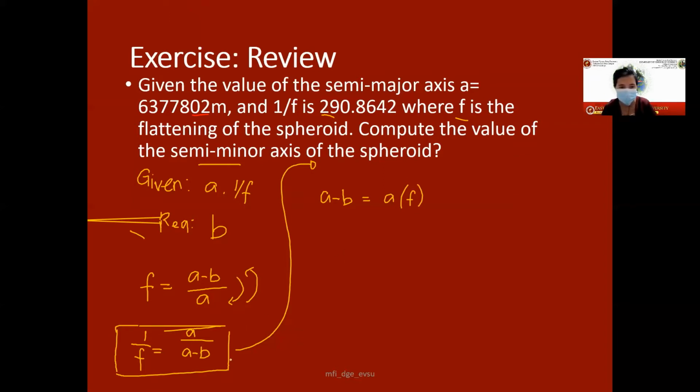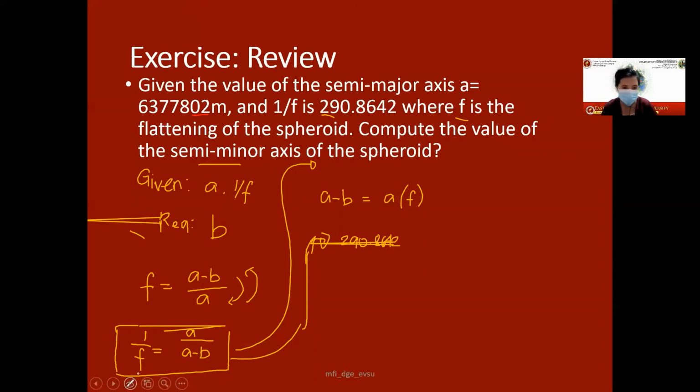And then if we substitute the values, 1 over F is equivalent to 290.8642, right?